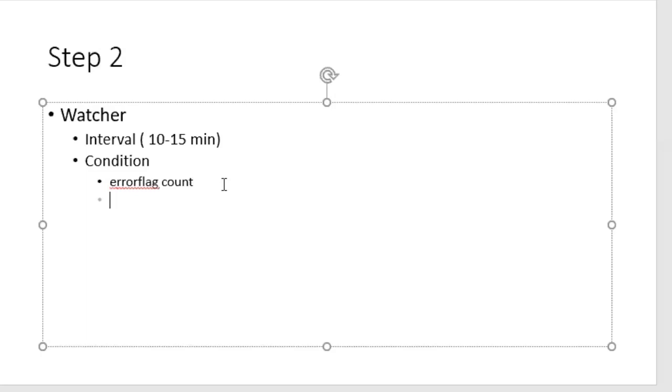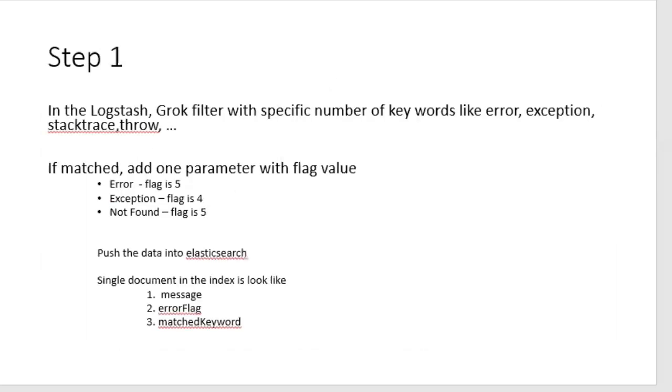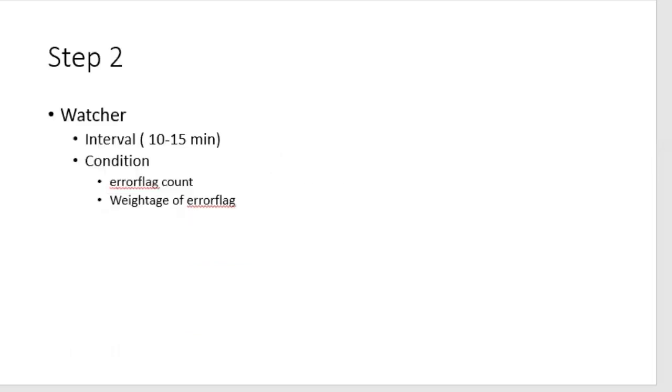Another way is the weightage of the error flag. This is actually a very important way. In step one, we noted that if it is an error, the weightage is 5. If it is an exception, we give a weightage of 4. So here we can verify with weightage.